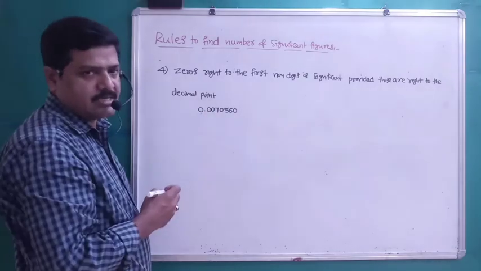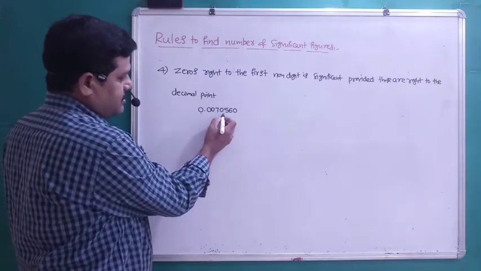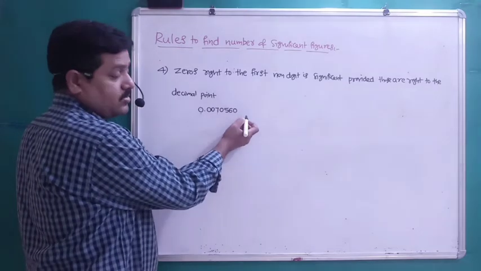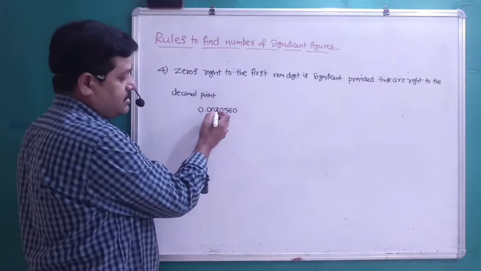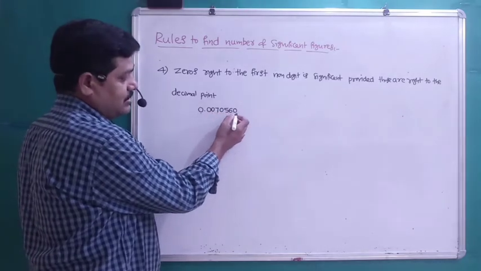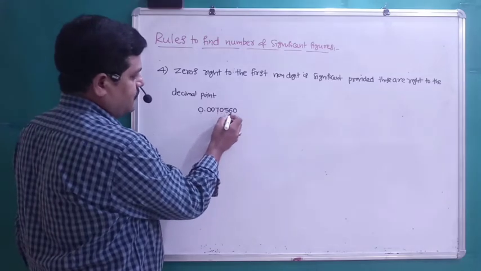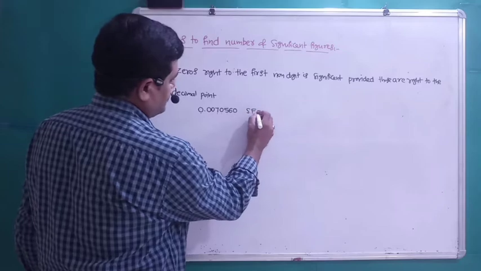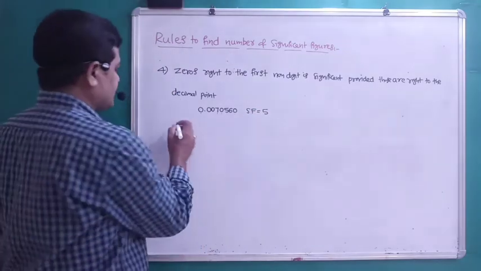All non-zeros are significant, the zero in between two non-zero digits is significant, and the zero to the right of the decimal point after the non-zero digit is also significant. So 1, 2, 3, 4, 5. The number of significant figures in the given number is 5, right?